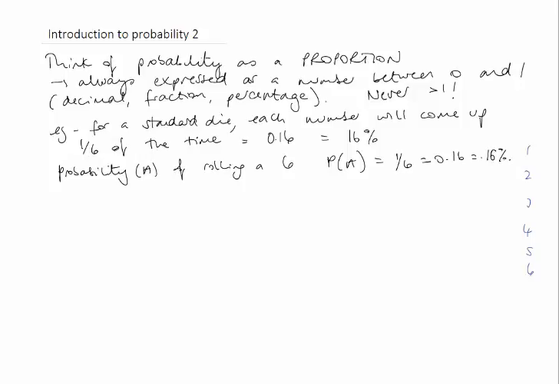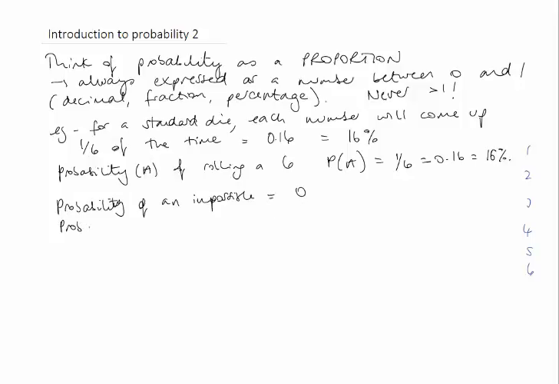Now there are some slightly special cases. The probability of an impossible event, so the probability of rolling a 7 with a single 6-sided die, is 0.